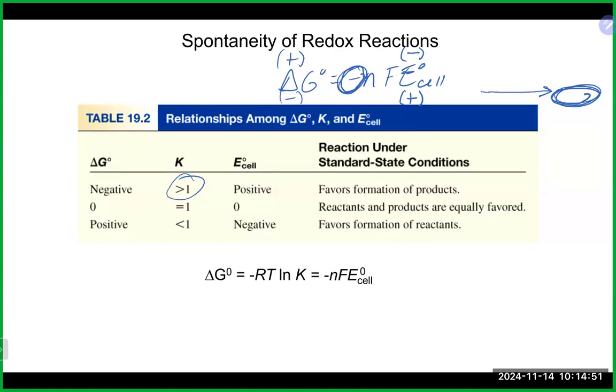Because the reaction is non-spontaneous, pretty much everybody's going to stay at the reactant side, and you would have a lot more reactants than products. That would result in a small value of K. If your cell voltage equals 0, then K would equal 1, and your delta G would equal 0. It's a toss-up as to which one would be favored.